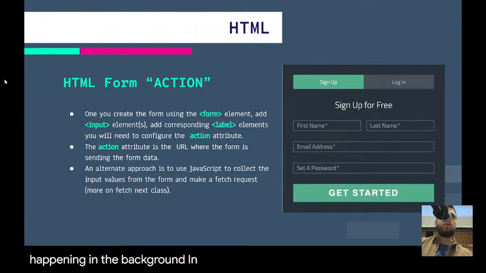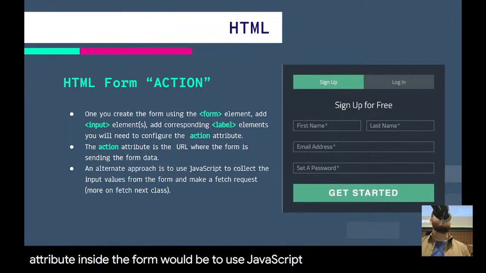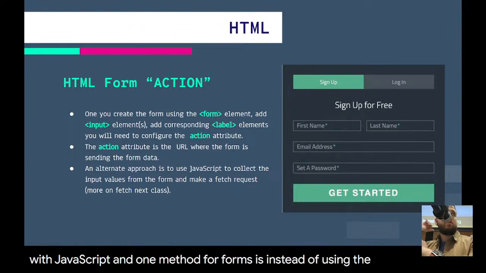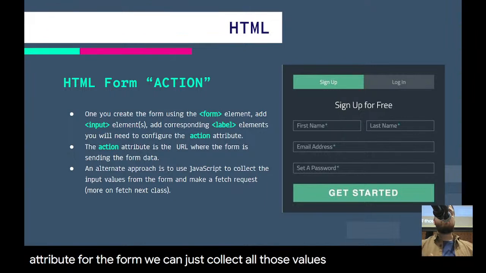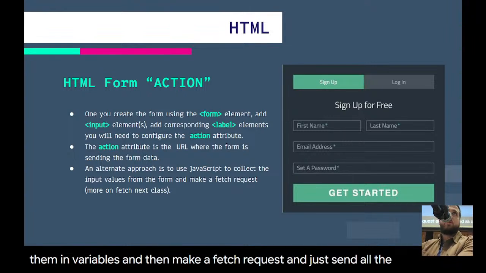An alternate approach to just using the action attribute inside the form would be to use JavaScript. We can do a lot of things with JavaScript, and one method for forms is instead of using the built-in action attribute, we can collect all those values with JavaScript, save them in variables, and then make a fetch request and send all of those off.